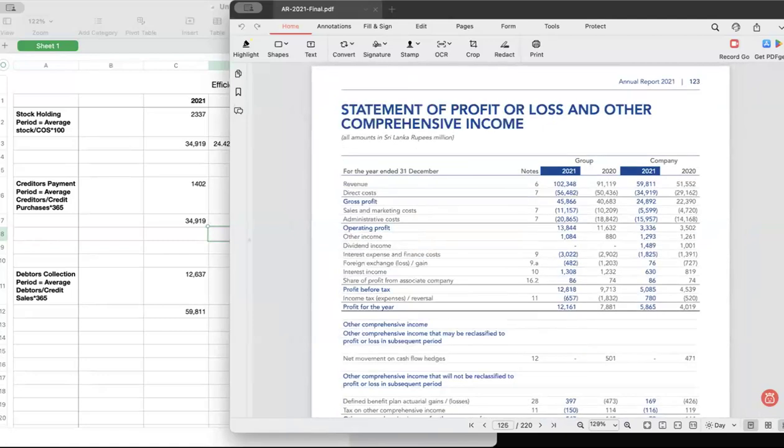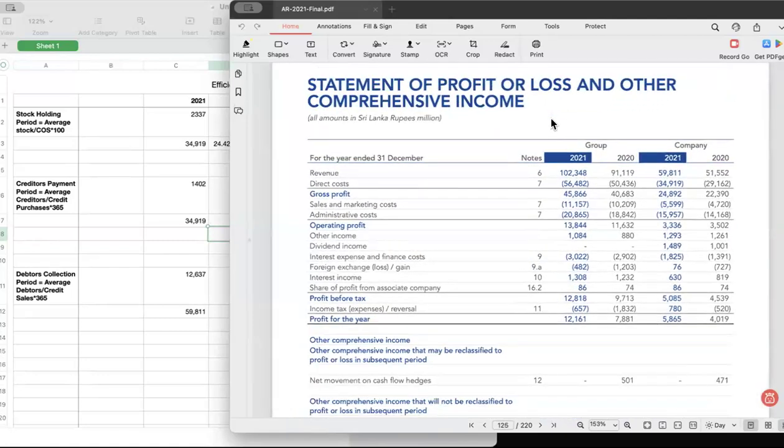But this doesn't happen in all annual reports. Some annual reports would have specified the purchases. So we're going to go with that amount, which is 34,990. Yeah. So now calculate, please.